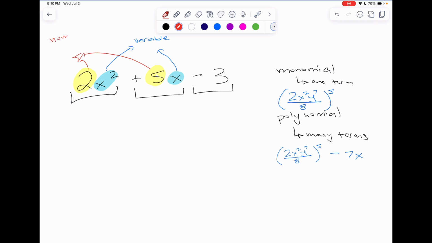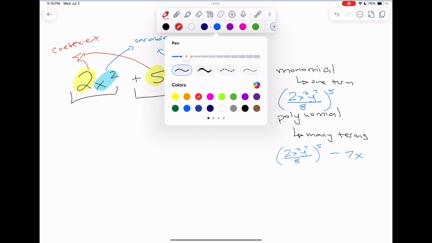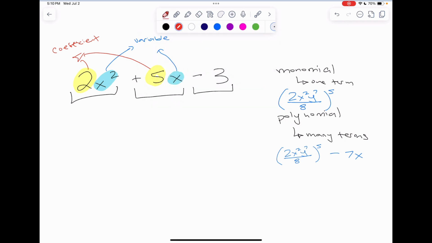I'll write the whole thing here, numerical coefficient. Sometimes you'll just hear it called the coefficient. That's the number part of the term. You put them together, you get a term.